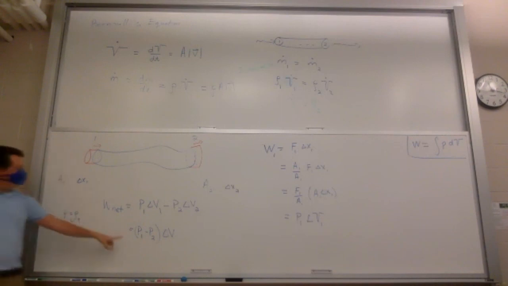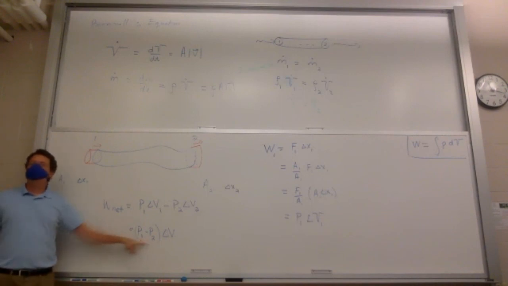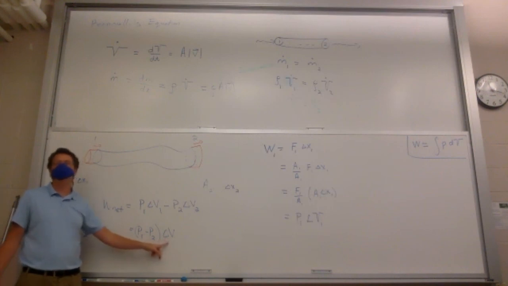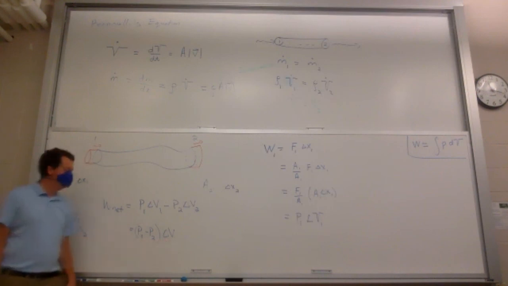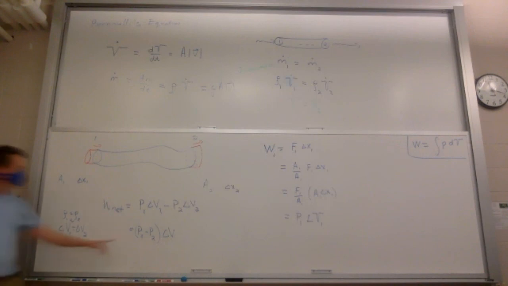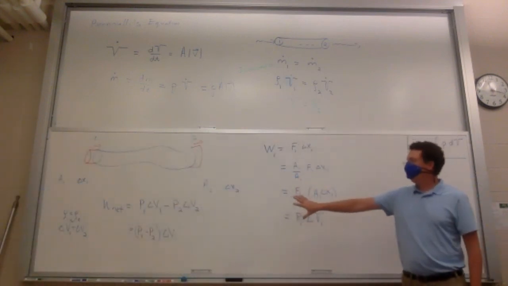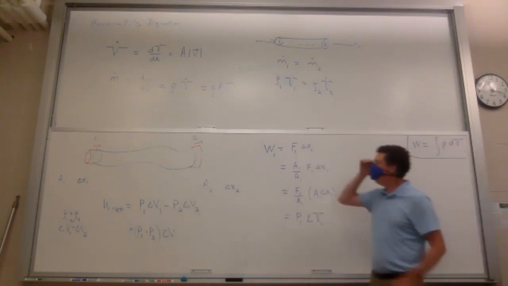We don't know that the pressures are the same. We have no reason to think that. What we do know is that the volume per second has to be the same. That is the work being done on the fluid.